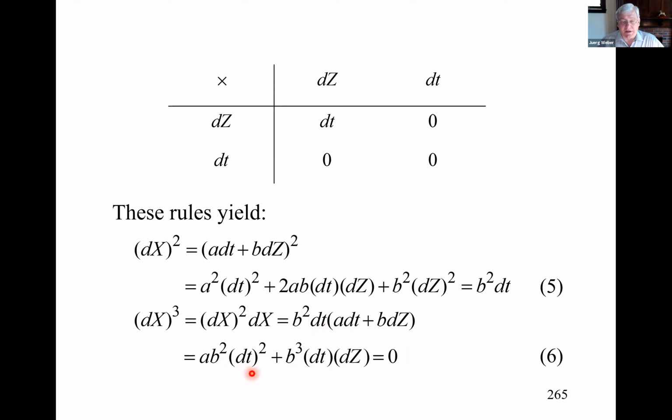And then dt squared, that's again 0. And the cross product is also 0. So actually this higher order term, dx3, will be 0. And then actually dx4 is also 0, because dx4 is dx3 times dx, and dx3 is 0, so dx4 will be also 0. So all higher order terms then actually will be 0. So the dx squared is not 0, but then the higher order terms are 0.